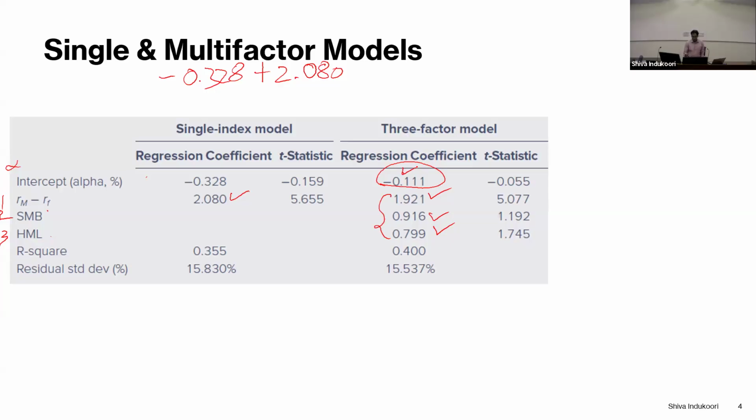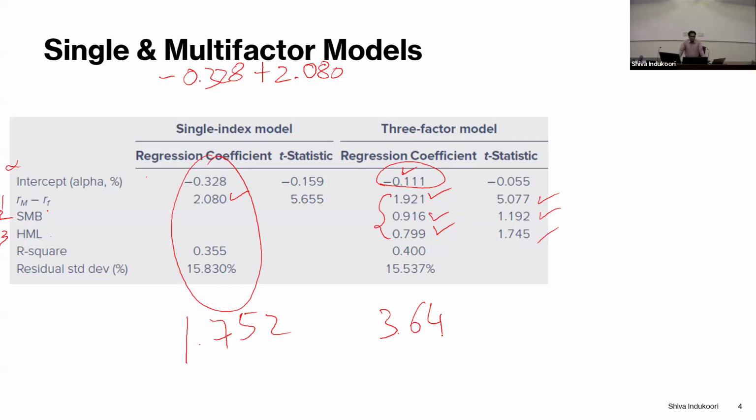And they are all statistically significant. 3.64. So when you took only this, how much did you get? 1.7752. And when you took 3 factors, 3.64.